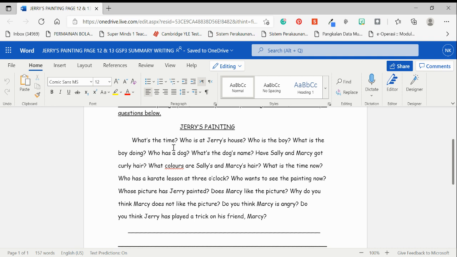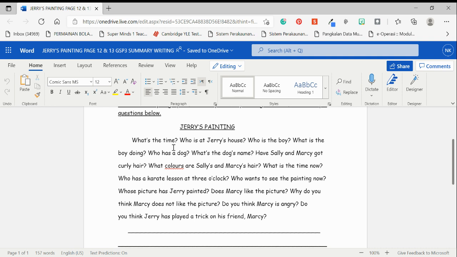The first few questions will be based on the first frame. So the first question is, what's the time? It's 11 o'clock, full stop.